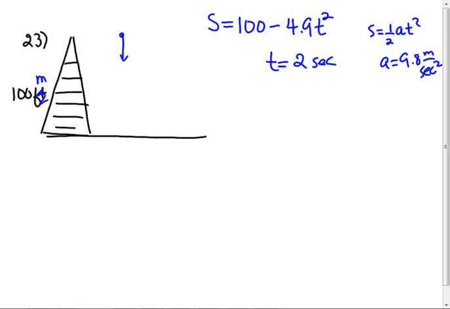I want to know its speed. So how do you find speed? In this case, it's velocity. It should be negative because you're going down. But the speed is the change in your position divided by the change in your time. If you don't know that, then you shouldn't be driving a car because it's miles per hour.